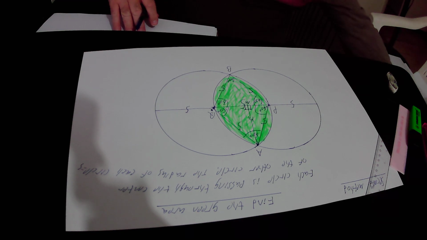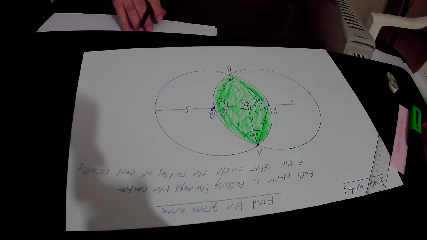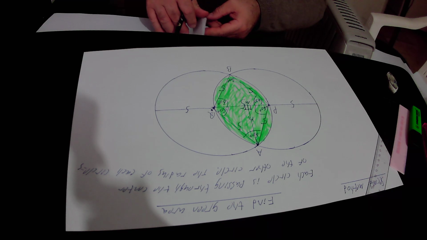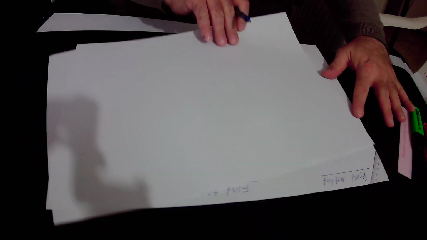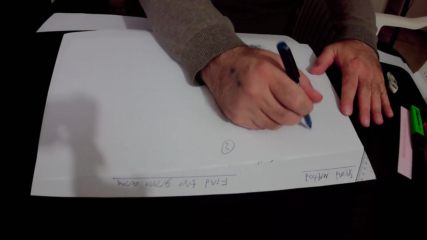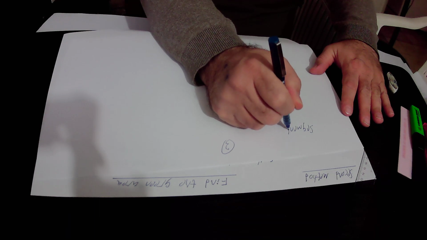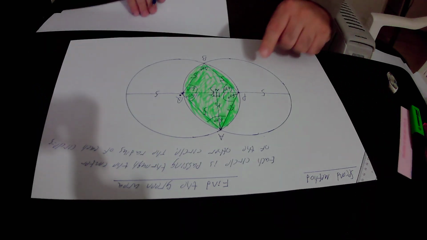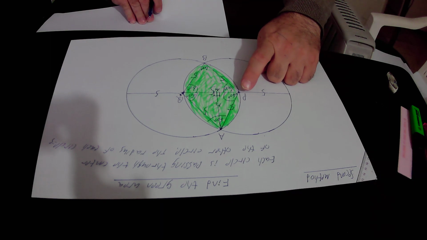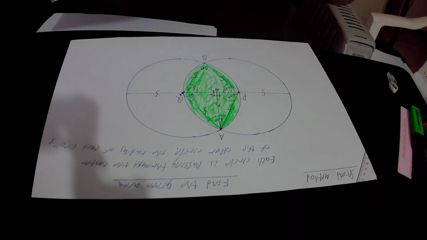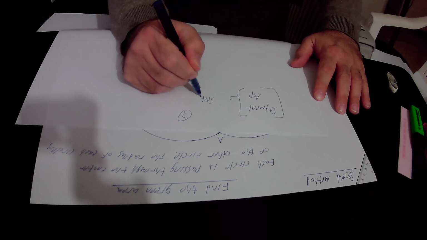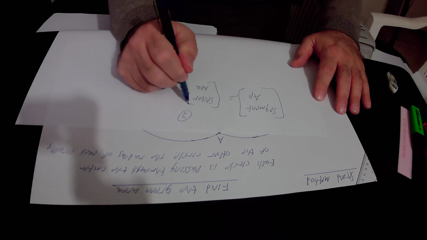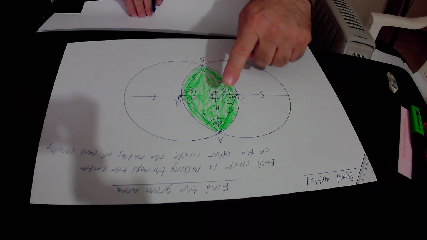The area of segment AP will be equal to the area of sector APQ minus the area of triangle APQ.